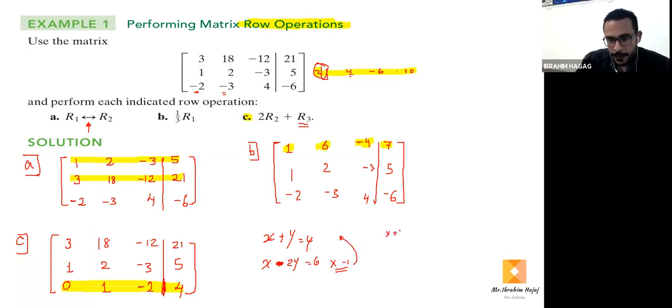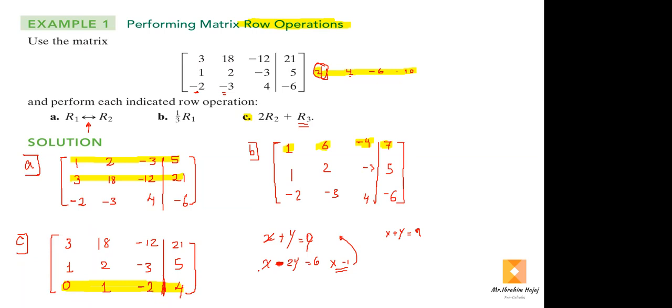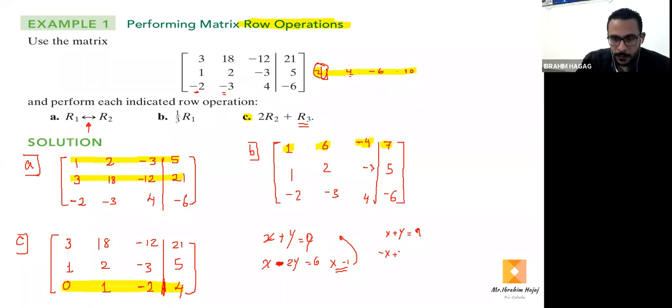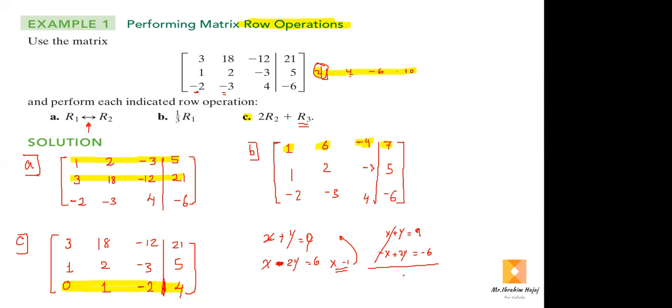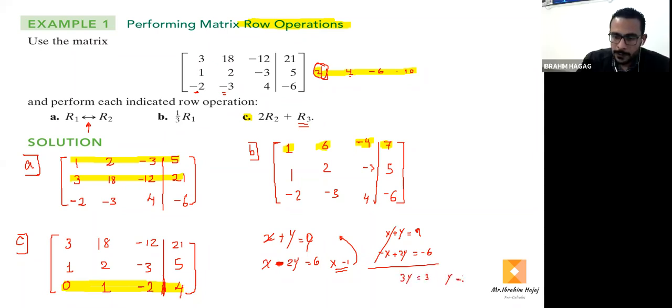The first equation doesn't change, which is 4. Multiplying the second by -1 becomes -x plus 2y equals -6. Then add, and you eliminate x. Then 3y equals 3, and y equals 1.